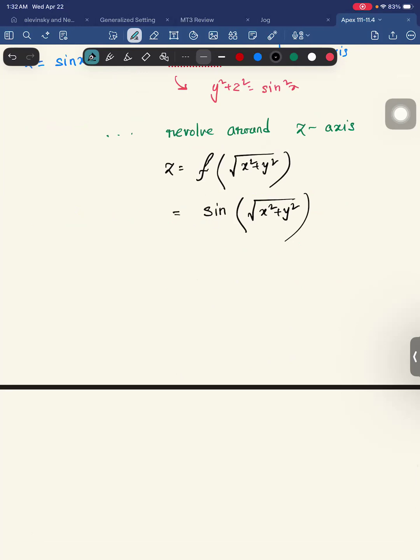Finally, to conclude chapter 11.1, I'm just giving you the definition of the quadric surface. So what is a quadric surface?